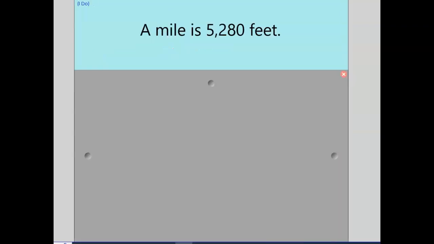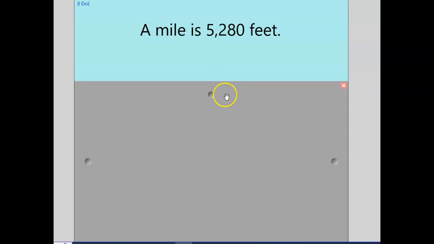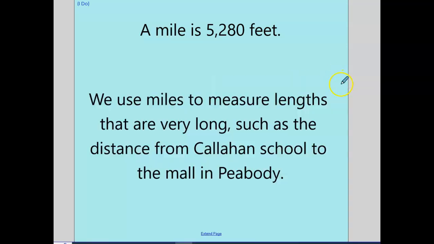A mile, 1 mile is 5,280 feet. Now, a mile, that's a longer distance. Obviously, you're not going to sit there with rulers. That would take forever. So we use miles to measure really long distances, such as the distance between our school, Callahan, to the mall in Peabody. That would be in miles. 5,280 feet is 1 mile.